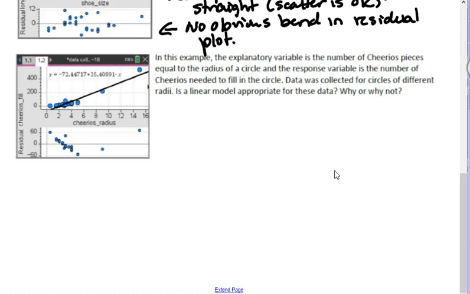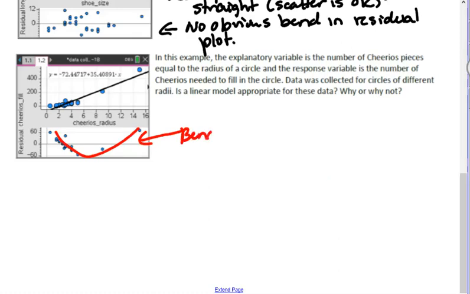So we would expect that to have more of a parabolic shape, a curved shape. But when you look at the scatter plot, I had a lot of small lids and only a couple of big lids. It really made it look more linear than it actually was. So the scatter plot looked linear, but you can see the bend in the data. So this is one where a linear model is clearly not appropriate. We have this big bend.